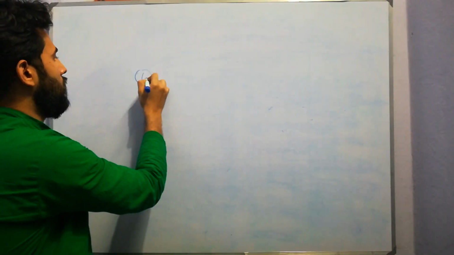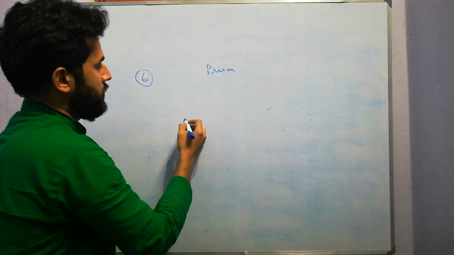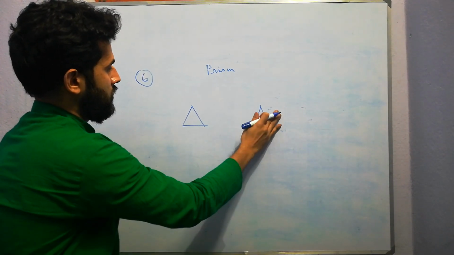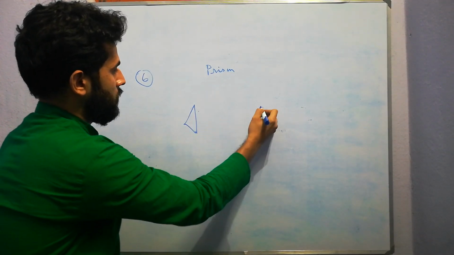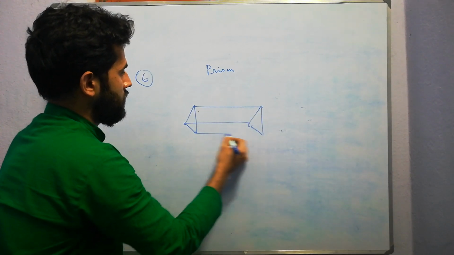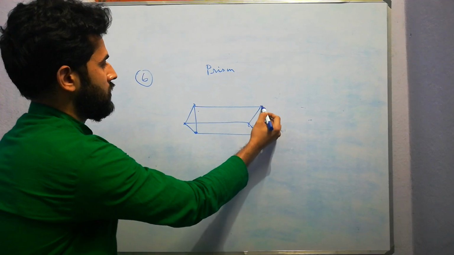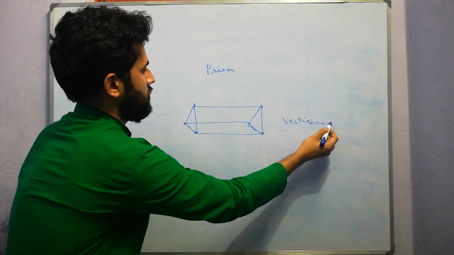Next we will go to the prism. A prism is just like this. If you want, you can draw it like this, so it will be more correct. So how many vertices does it have? It has 6 vertices.